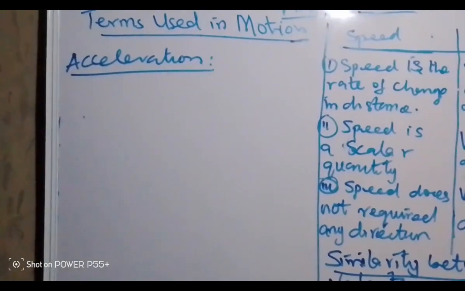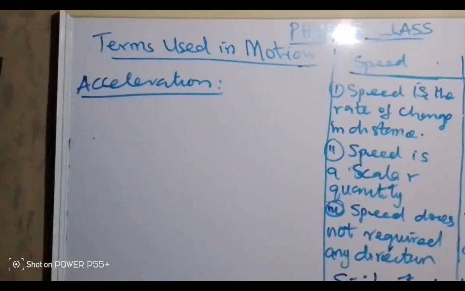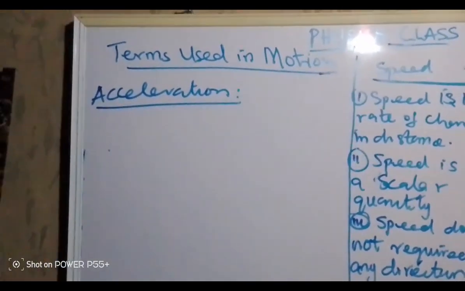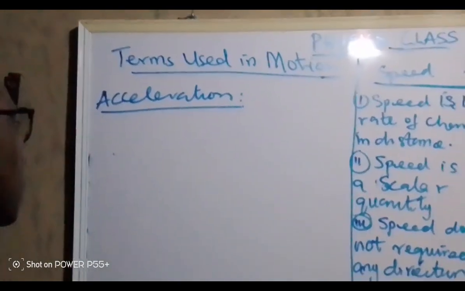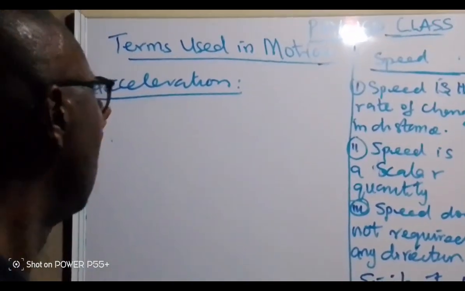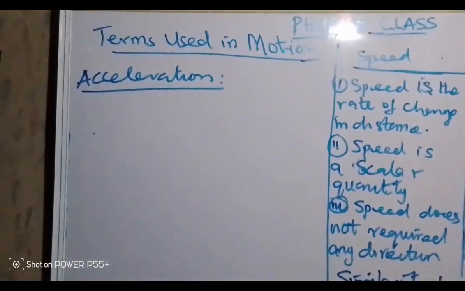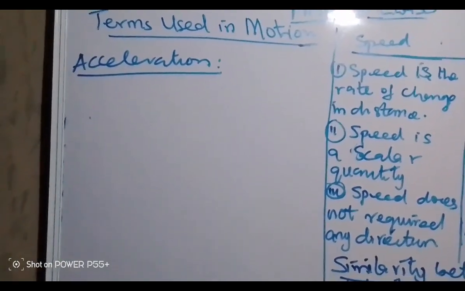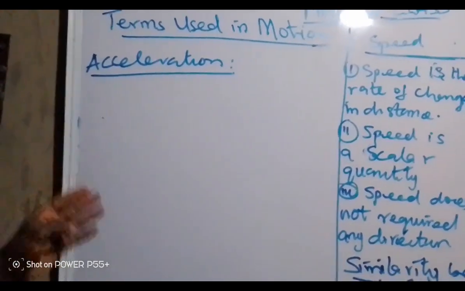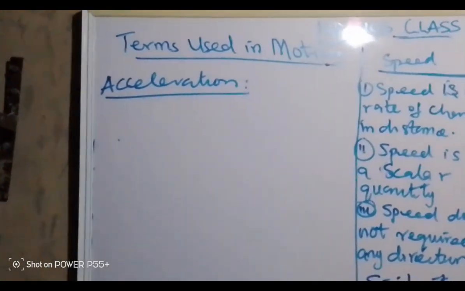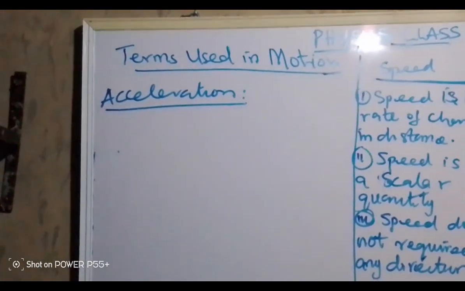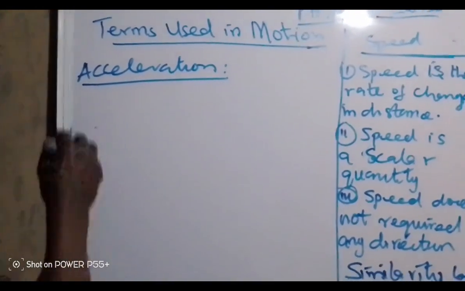Next term is acceleration. What is acceleration? It simply means the time rate of increase in velocity. That is, when there is increase in velocity, definitely there must be acceleration. Let's write it.